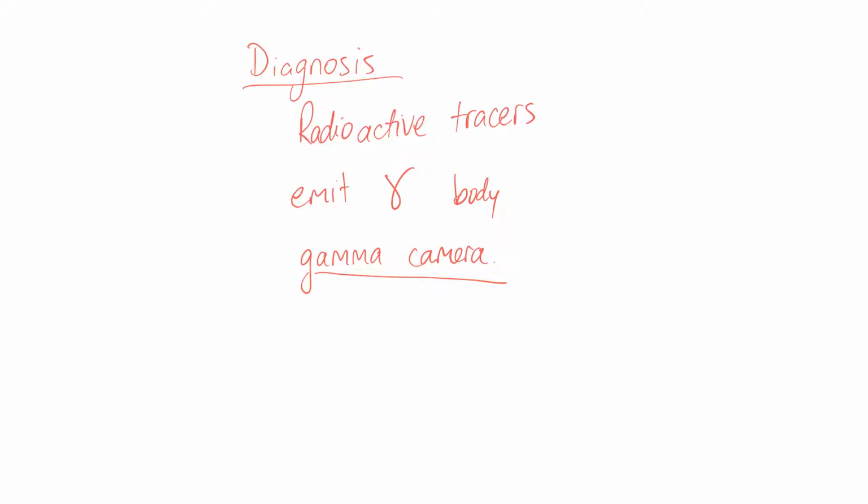A camera that uses photons of gamma rays rather than light. A normal digital camera would use light photons to expose a digital sensor. The gamma camera detects photons of gamma rays, and it's a little bit different, and we'll see that in a moment.